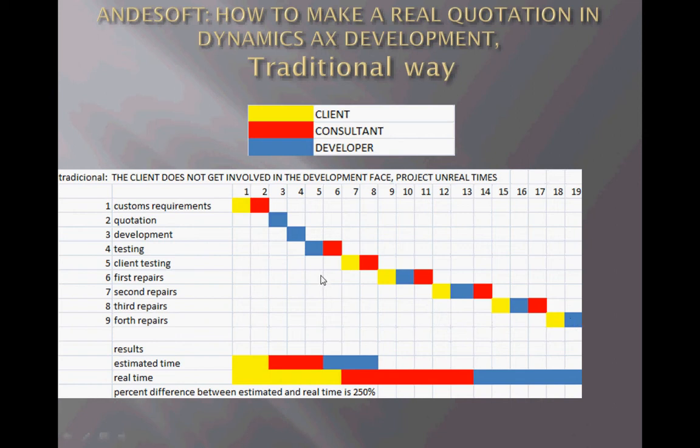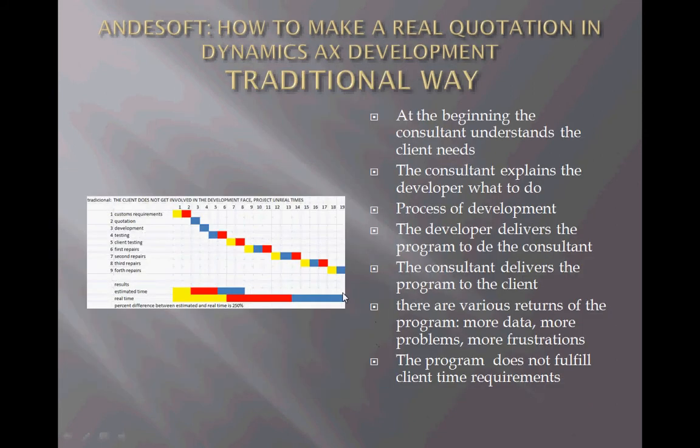We realized at the beginning that it should take about 8 periods of time to finish the program, but we ended up with 20 periods, which is 250% of what we were expecting. Obviously, with this traditional way, there are various returns of the program, more data, more problems, more frustrations, and the program does not fulfill the client's time requirement.